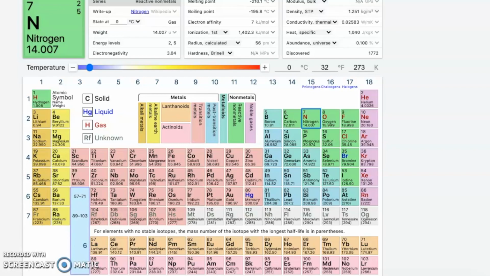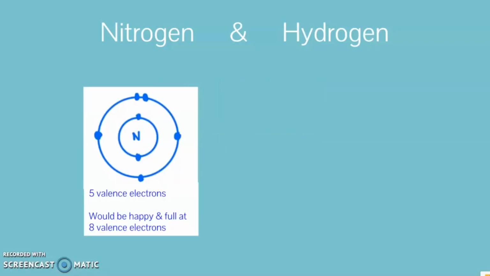So I'm going to take that information and I'm going to draw the Bohr model for nitrogen. Take a look, I have 7 total electrons, of which 1, 2, 3, 4, 5 are valence electrons. And I'm also reminding myself that, hey, nitrogen would be happy and full if we could get that second energy level to be 8 valence electrons.